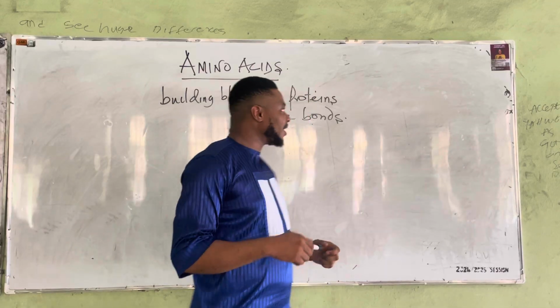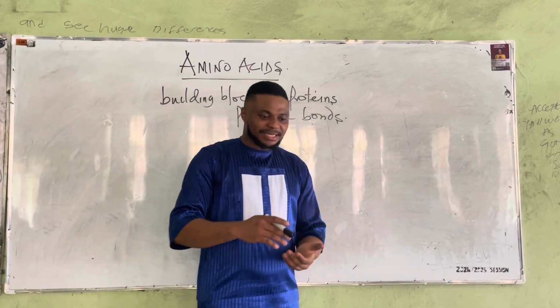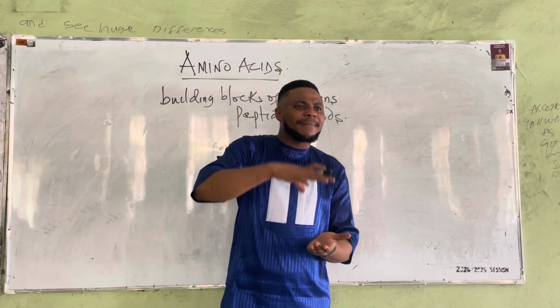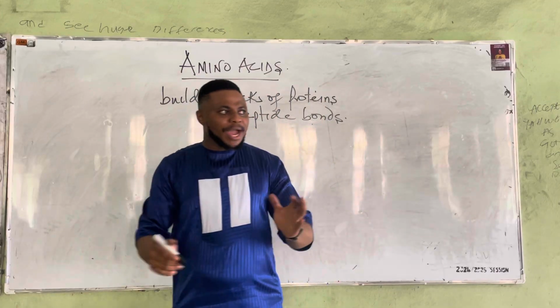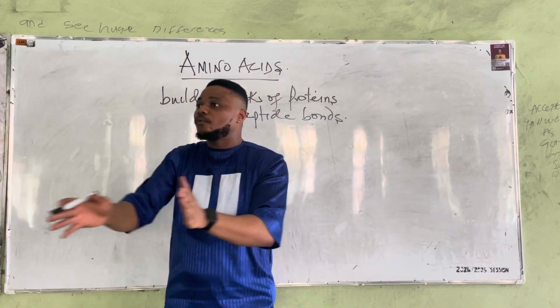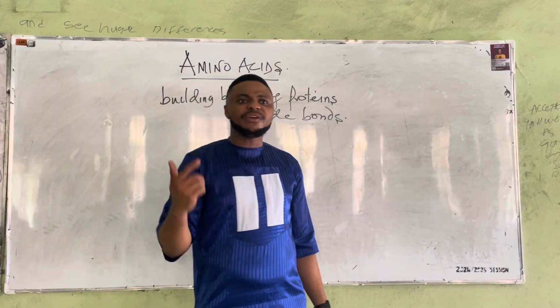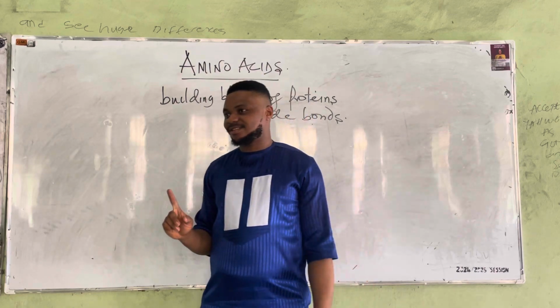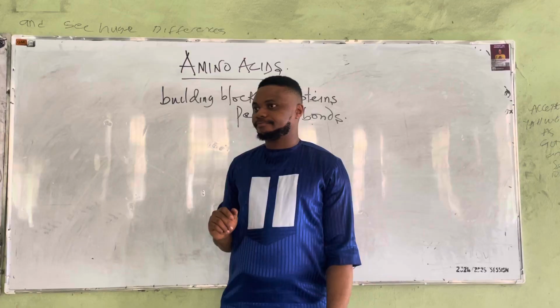Alright, so when we talk about building blocks, we are saying that it is an accumulation of amino acids that gives you a protein. When you link several, up to 50 amino acids with peptide bonds, altogether it gives you one protein molecule.